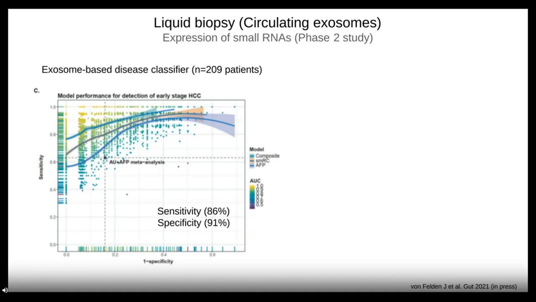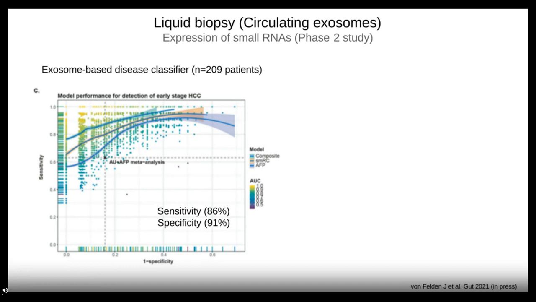Now, when you look at the performance of our 3 markers, here you have the predicted performance of ultrasound and AFP based on the meta-analysis that I told you about: 63% sensitivity and around 83% specificity. This is the performance curve after cross-validation of our 3 markers. Here you have in orange the performance of alpha-fetoprotein in our cohort, which was better than we expected.